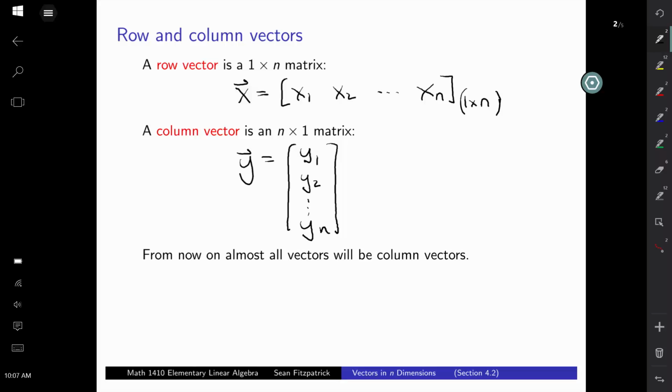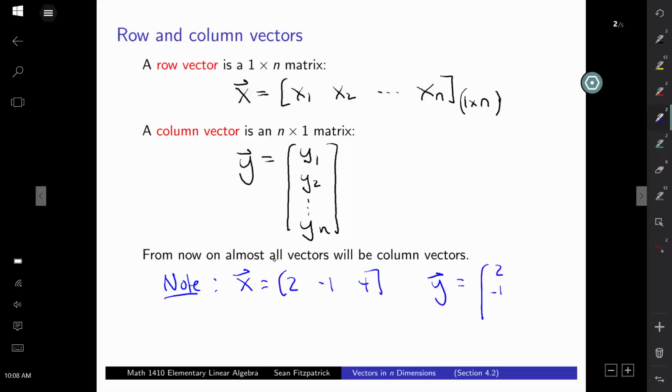If I gave you, so let's just make this as a note, if I gave you the vector x equal to, say, 2, minus 1, 4, and y equal to 2, minus 1, 4, well, these give me the exact same information, right?